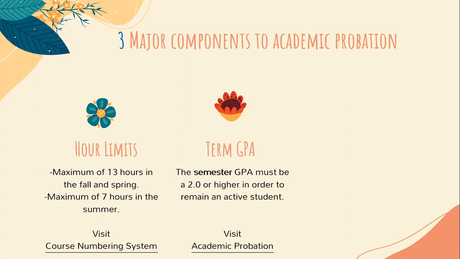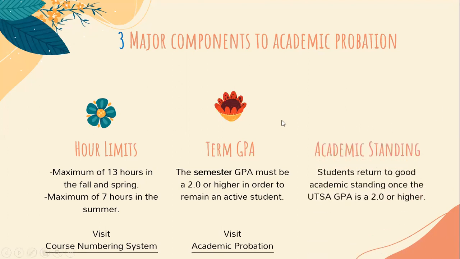And if you go to the academic probation portion of the information bulletin, it will give you all of the details for this. Now, after the semester has completed and the student has earned a 2.0 or higher, then the next step is going to be determining the academic standing.